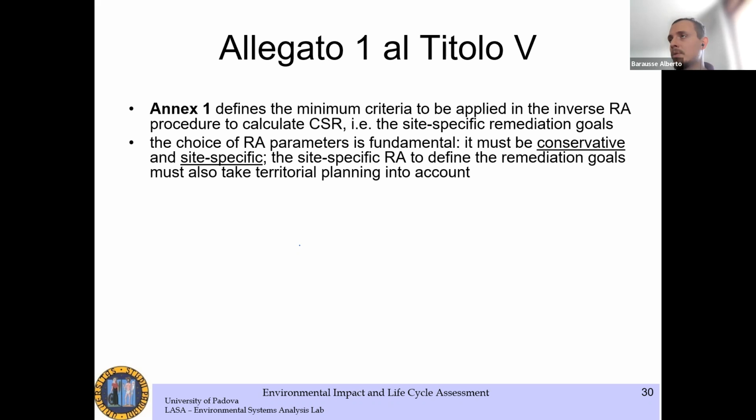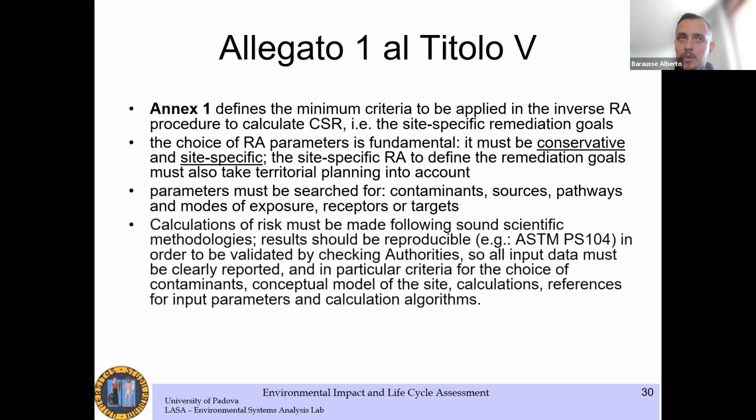For example, if you are not very sure about the value of the hydraulic conductivity in your groundwater, maybe you have a range of possible parameters. You should choose the worst. Okay, so you should be conservative, precautionary is the right word. Choose the worst scenario when doing calculations. This is very important, so that you're sure you are not underestimating risk.